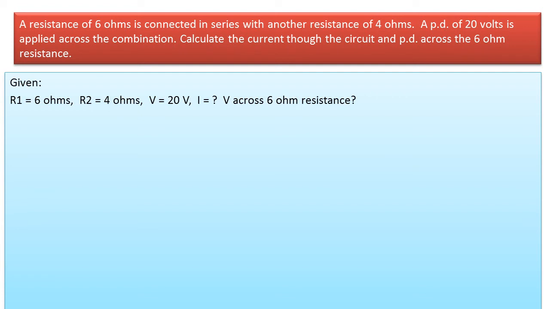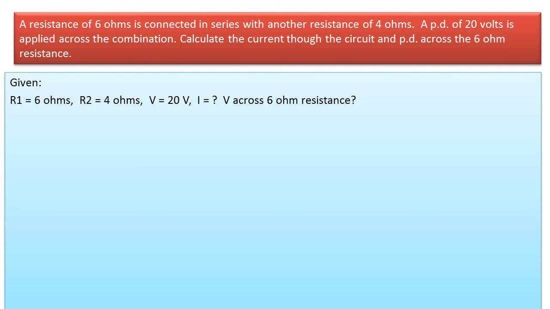But potential difference is not the same for all the resistors, right? There is a different PD available to these resistors. Or in other language we can say potential difference gets distributed among the resistors connected in series.